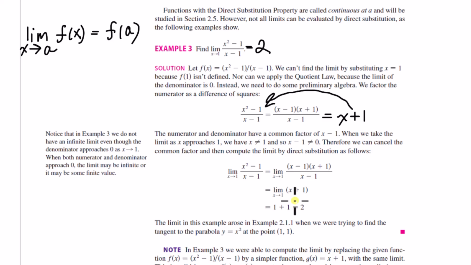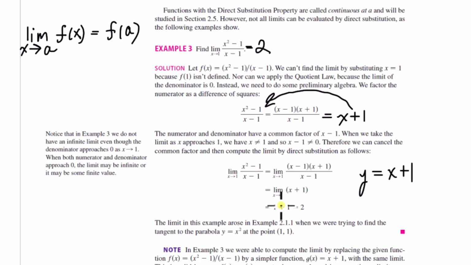But for a case like this, we were able to apply direct substitution to this simplified form, no problem, because the only difference between this x plus 1, the literal graph of the line, the actual line y is equal to x plus 1, and the literal graph of x squared minus 1 over x minus 1, was in relation to what was occurring at the actual limit value.